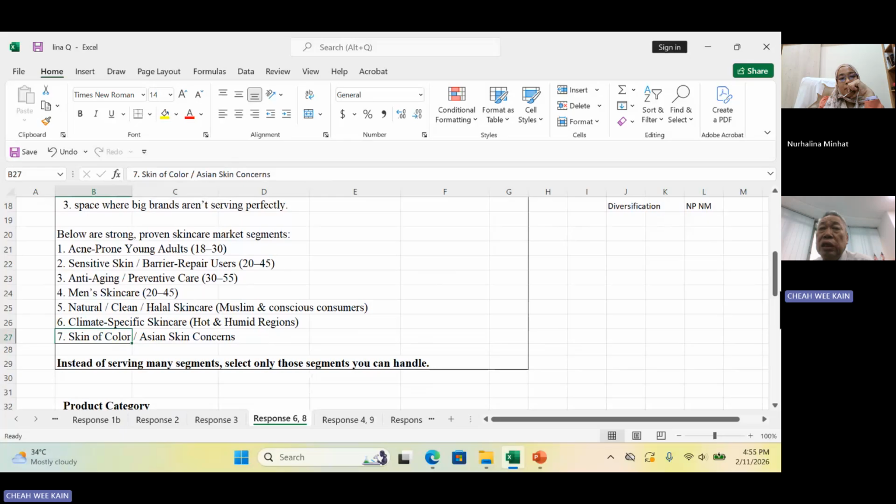If you're a normal skincare brand, let's look at Watsons. You walk into Watsons, or you walk into Caring, a big pharmacy, they have so many of the various brands. They are not specialized, but they deal with very common products for very common people.